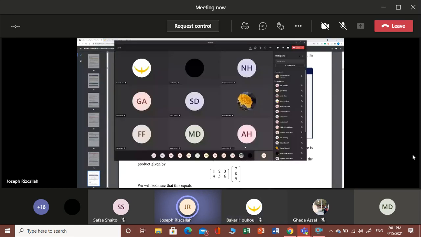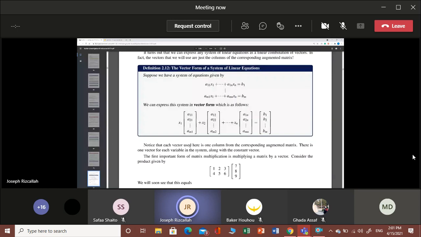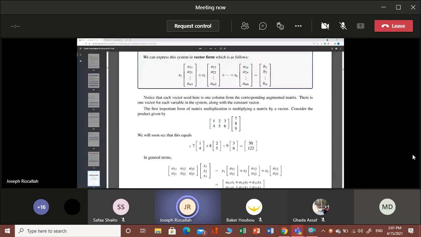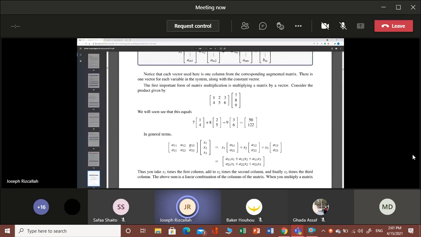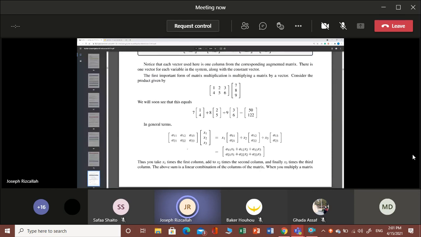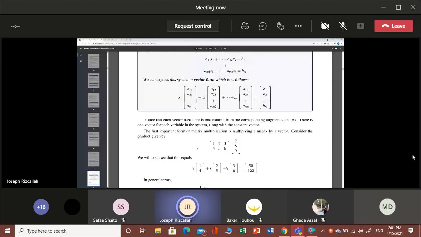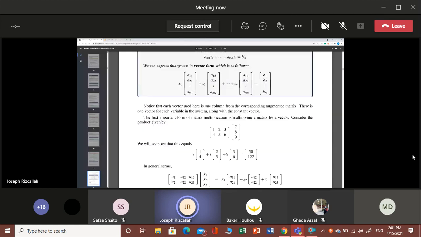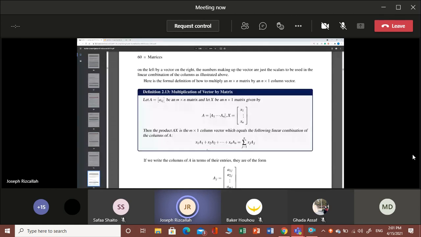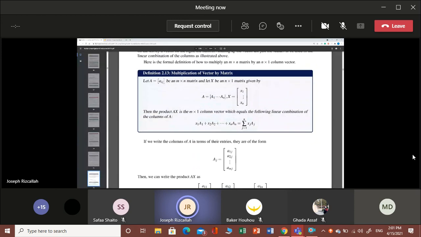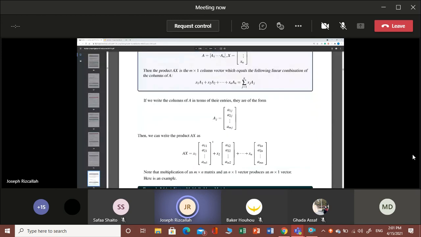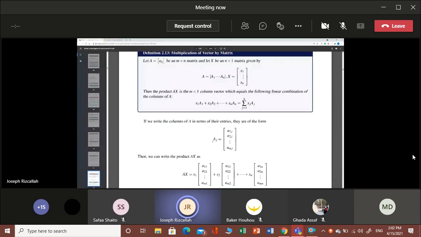Now, it turns out that there is a nice way of writing this linear combination, and this uses what we call the matrix multiplication of two matrices. Let me see what the book is doing here.